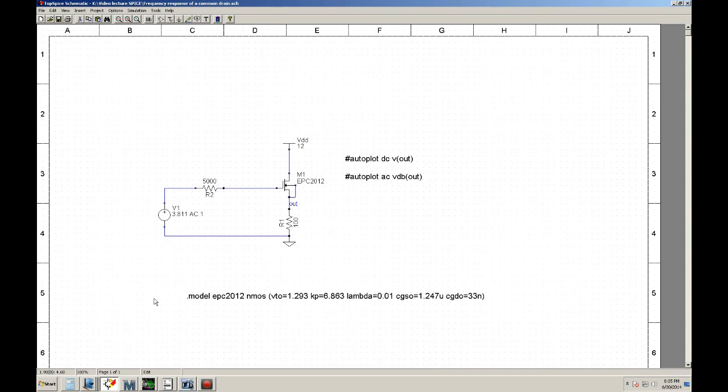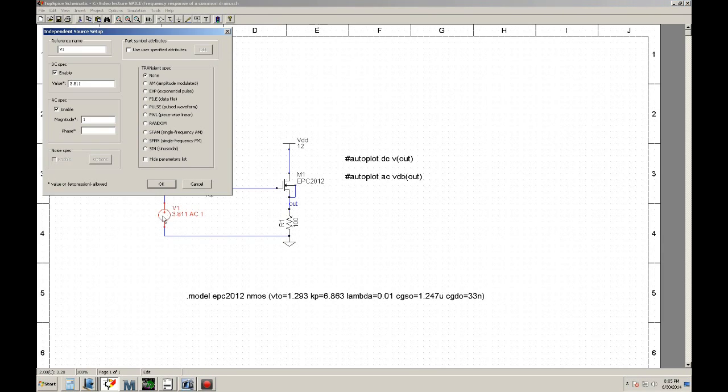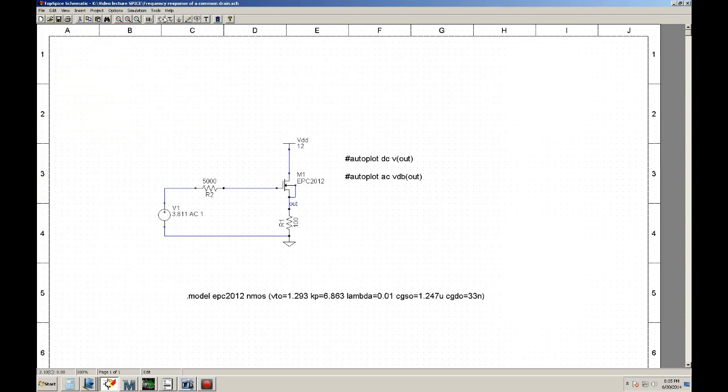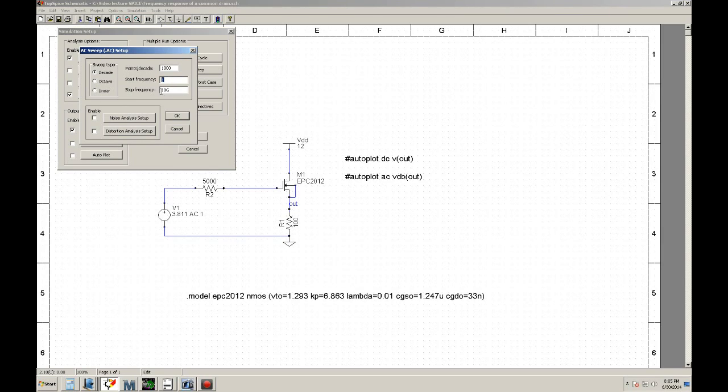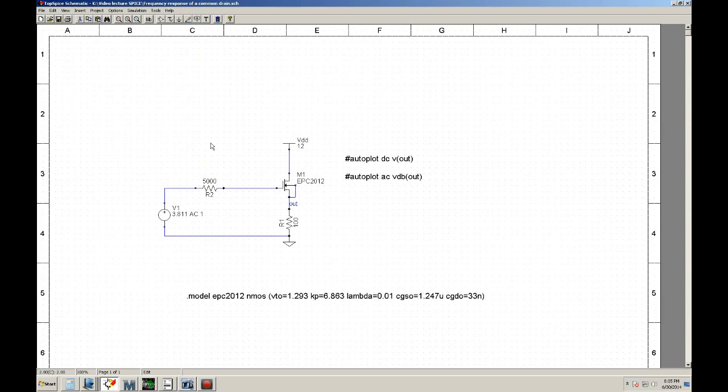Okay, so here I have the simulator. I enabled the AC response, and I'm doing a frequency response from 1 to 10 gigahertz with 1,000 points per decade. Okay, and I labeled out, that would be my out, and I put this SPICE directive with the pound autoplot AC, meaning that it's going to be an AC analysis, and we have to put VDB, that way it plots it in dBs.